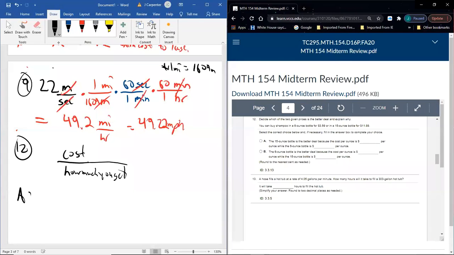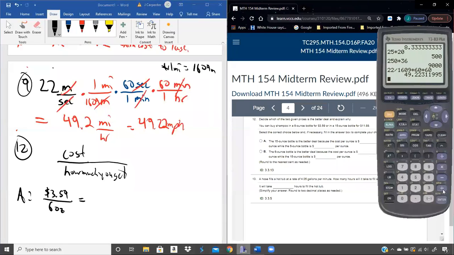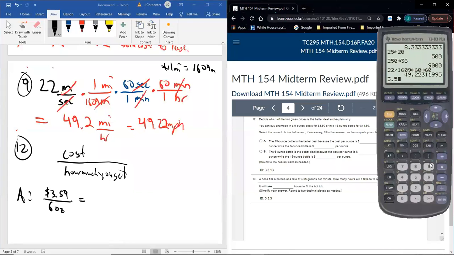So for scenario A, we've got a $3.59 cost, and that gets us 6 ounces. It might be fluid ounces, it might be ounces. I'm assuming it's ounces. They probably wouldn't measure that in fluid ounces. It is a fluid, but doesn't matter. And that comes up to 3.59 divided by 6. 0.5983, and so on.